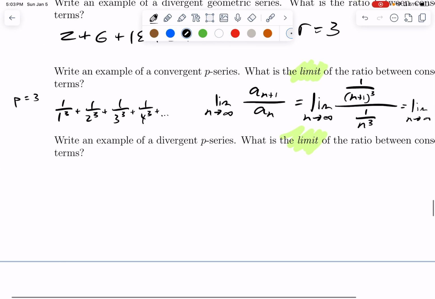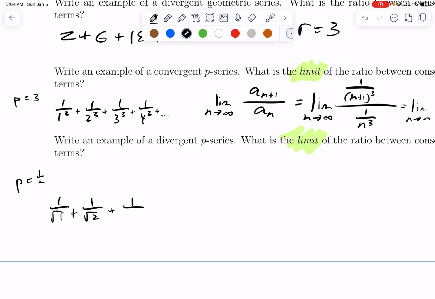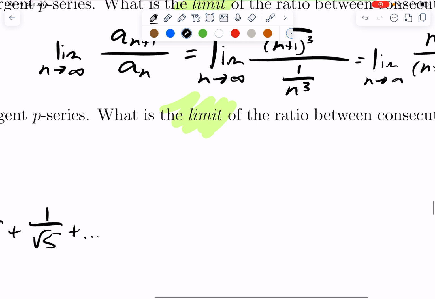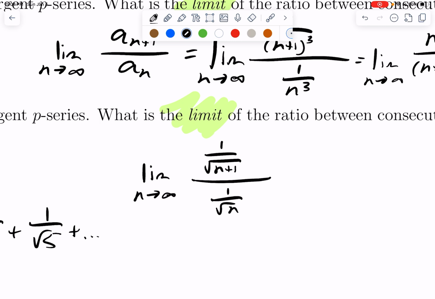Now, if we do this with a divergent p-series, suppose I take p equals 1/2, it would be an example of a divergent p-series. Here, the terms do not get small fast enough for us to add them together. So our limit here would be the limit as n goes to infinity of the n plus 1 term over the n term.